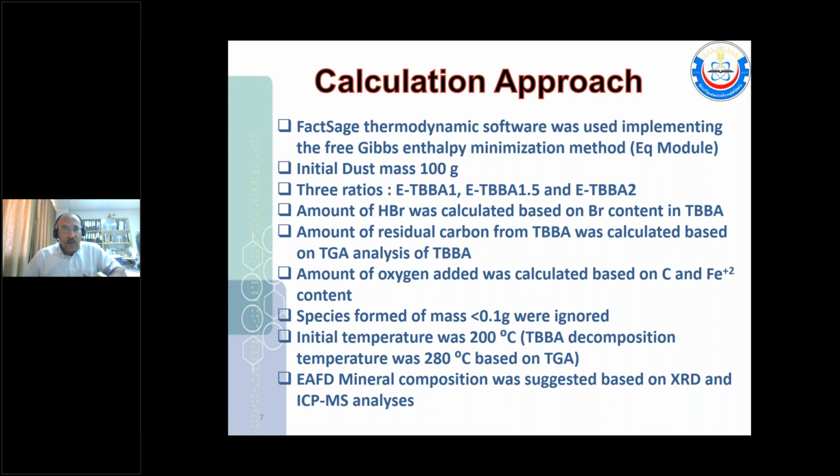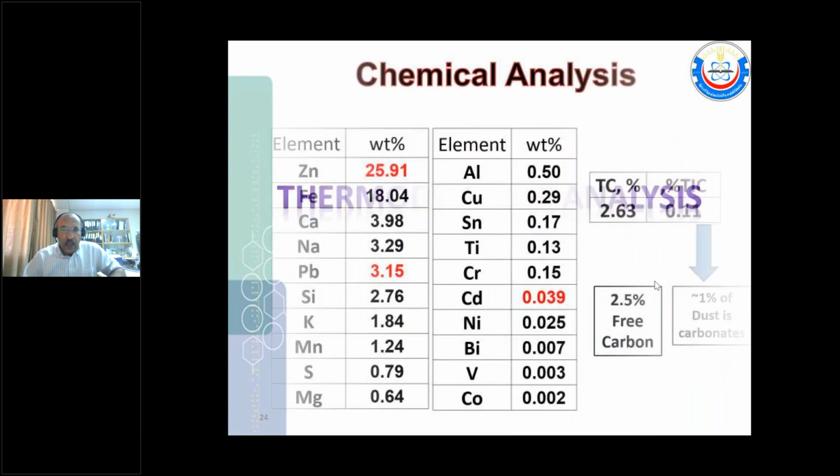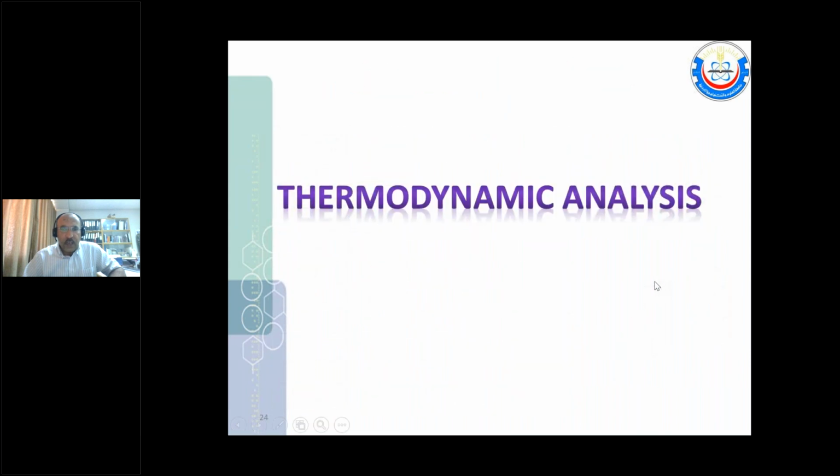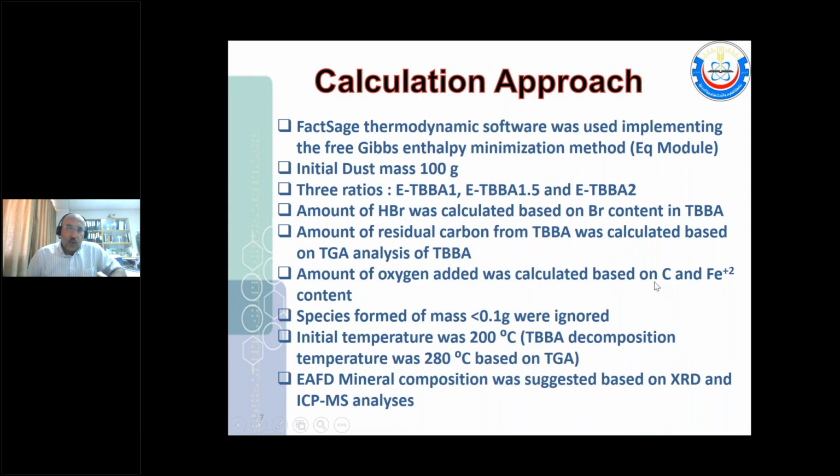And we assume that we have a constant mass of 100 grams of the dust with the chemical composition that we showed. This composition, we converted it, it's not shown here really, to a mineral composition or compound composition.